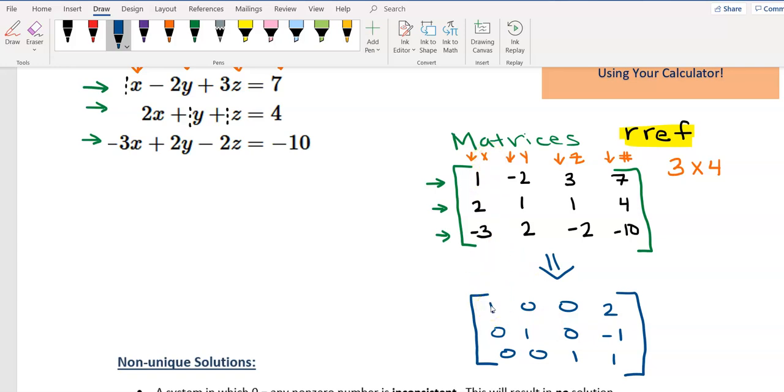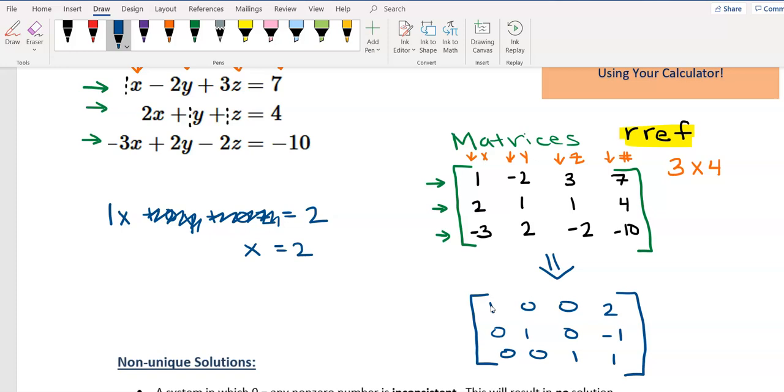So this is telling me that 1x plus 0 y's plus 0 z's equals 2. What is 0 times x? 0 times x would be 0, so that would cancel out. What is 0 times z? Again, that would equal 0, so that would cancel out. So this is telling me that 1x, or in other words, x, is equal to 2.